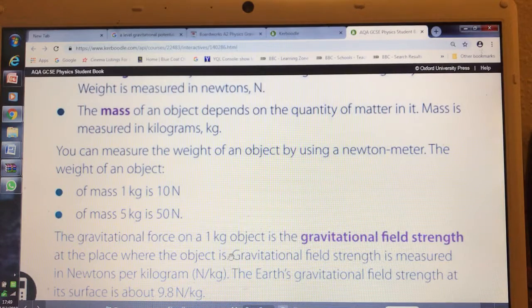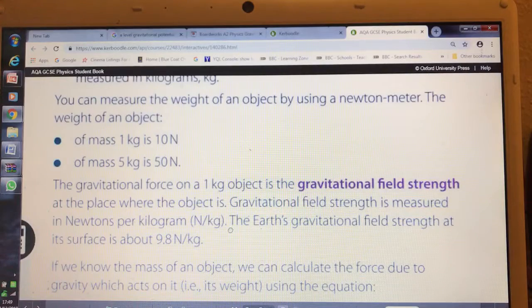Now, as you can see down below here, we have an exact value, and the exact value is 9.8 newtons per kilogram, which means that every 1 kilogram of mass experiences a force of 9.8 newtons.